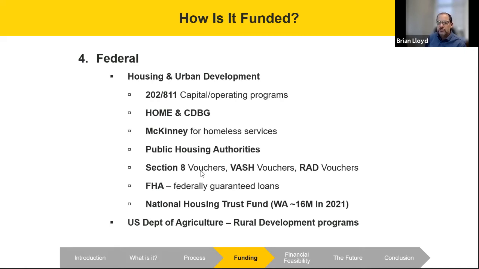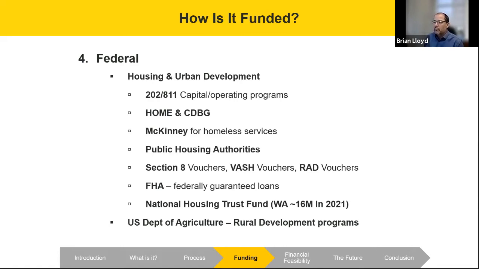Section 8 vouchers is the biggest HUD budget program. So Section 8 is a rental assistance program where the lucky folks who are able to obtain those vouchers, and I say lucky because every housing authority that distributes these pretty much has a long wait list. There are more folks in need of vouchers than there are vouchers available.